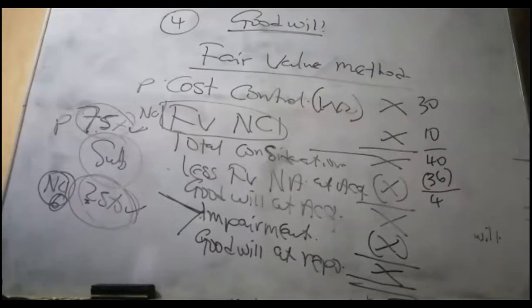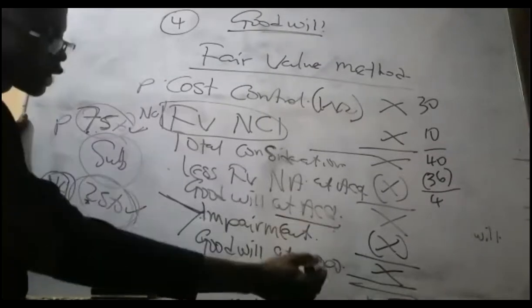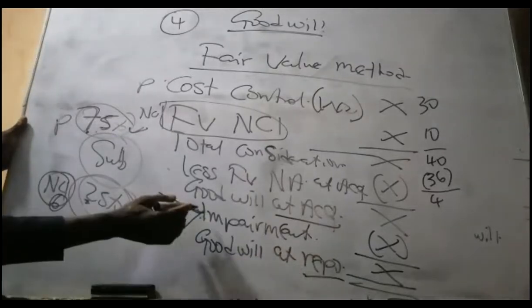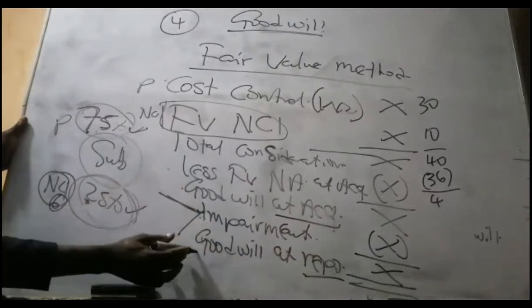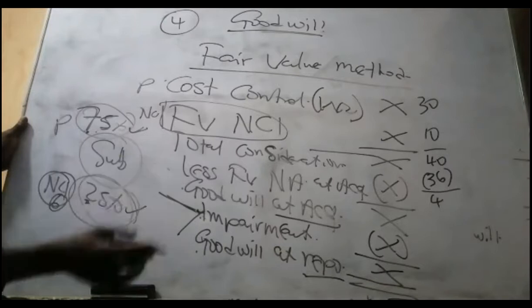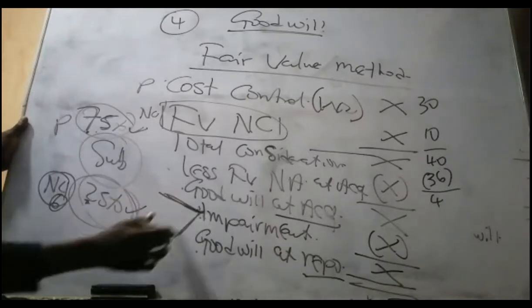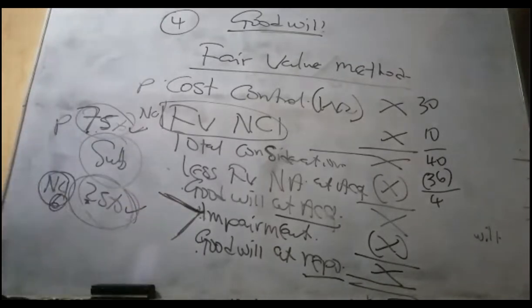So the difference between goodwill at acquisition and at reporting is that we subtract impairment from it and get goodwill at reporting. And impairment is like depreciation. How we treat depreciation is the same as impairment, but they are different things altogether. One is deliberate, and one is negative. Okay.